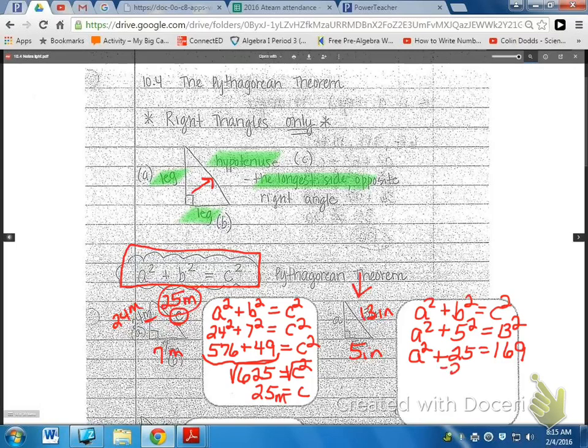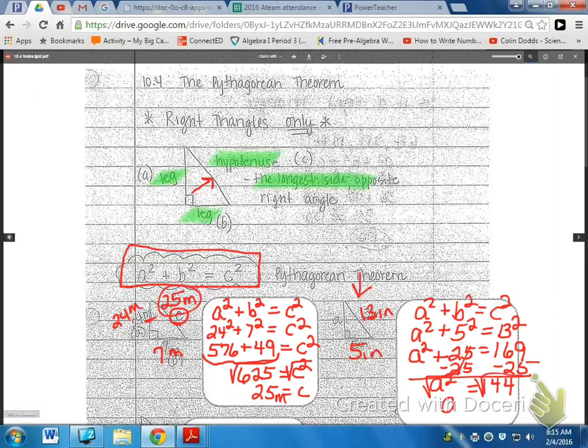Okay, once you know that, how can we get A squared alone, Stephen? Right, we're going to subtract 25 from each side. And A squared would equal 144. And to undo the squaring, what are we going to do, Stephen?